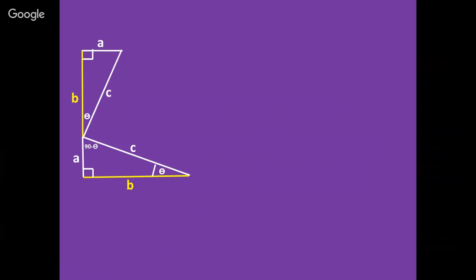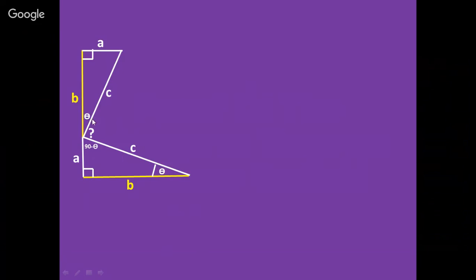If this is 90 minus theta, this angle must be equal to 90 minus theta. What about this angle? So let's find this angle.